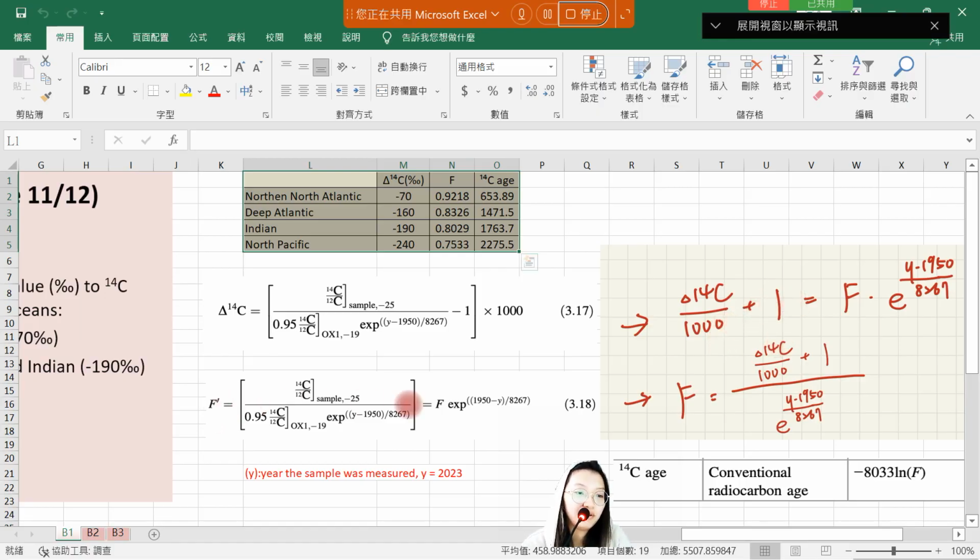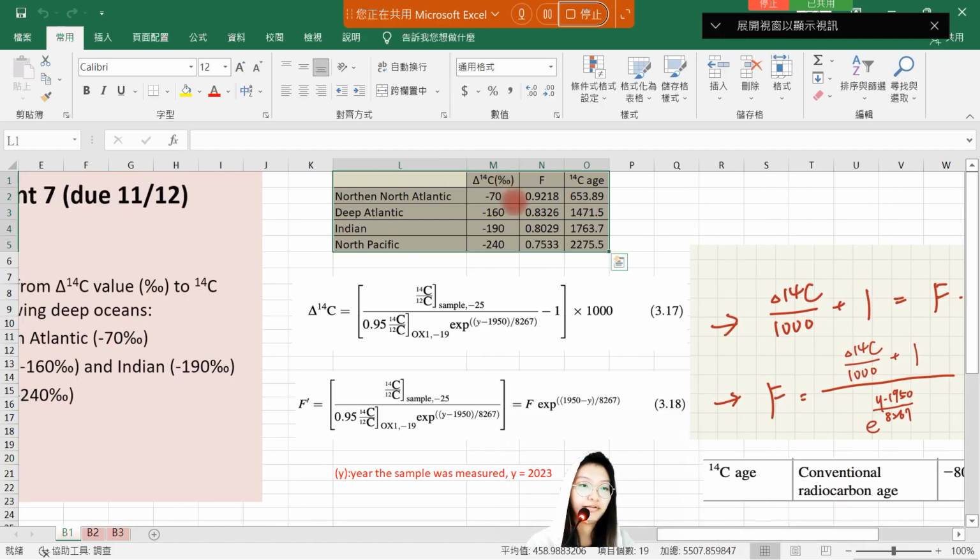We know F prime is equal to F times the exponential, so we can know this equals this, and F is equal to here. It also tells us that 14 carbon H is equal to minus 8033 ln F. So we can know this.